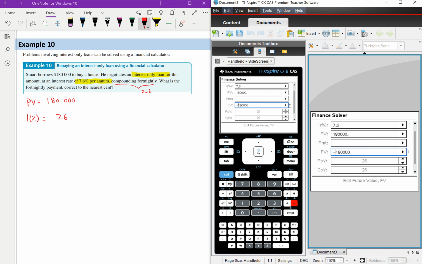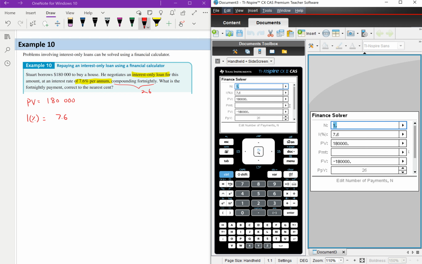So I'm going to be paying 26 times in a year, because there are 26 fortnightlies, at an interest rate of 7.6 and a borrowing amount of 180,000.